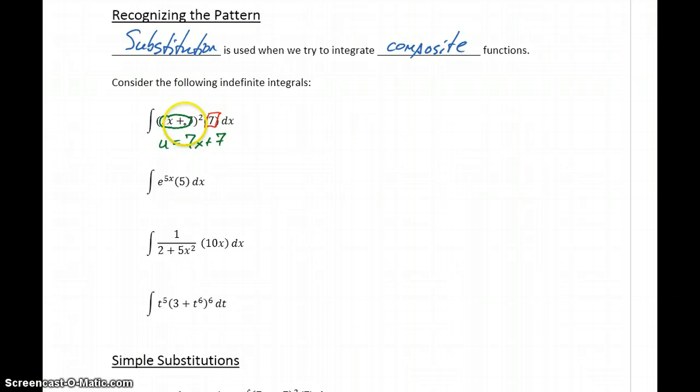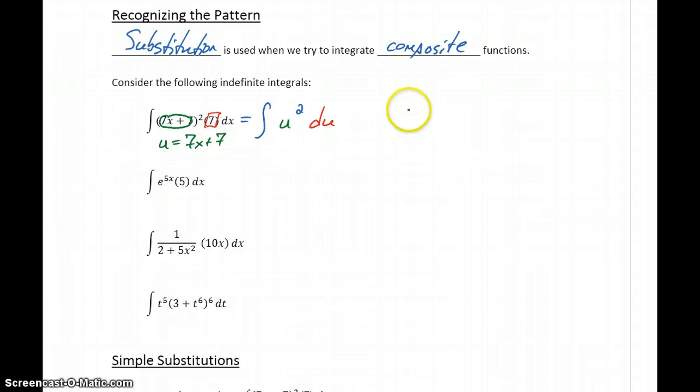But if we let u equal 7x plus 7, then we'll be able to rewrite this as the integral of u squared. So instead of (7x plus 7) squared, we'll write the integral of u squared, which is much easier to evaluate. And then this 7 dx portion, we'll see in a second what happens to that, but that's going to end up getting replaced with du. So instead of dx, du.